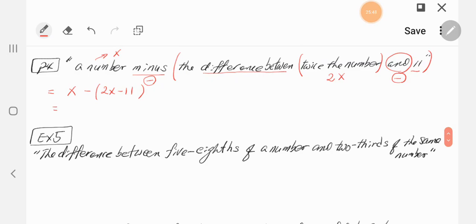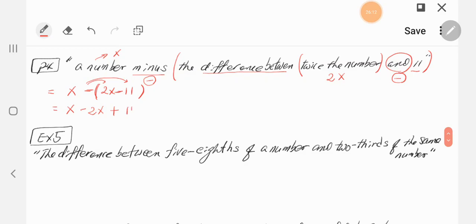And then let's simplify. Okay, minus parenthesis means multiply 2x and negative 11 by negative. Make it opposite. Change the sign. So 2x will be minus 2x. Negative 11 will become what? Plus 11, right?